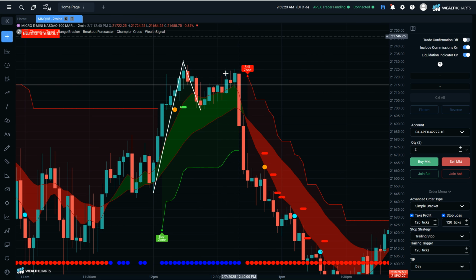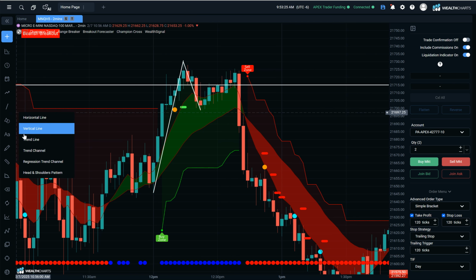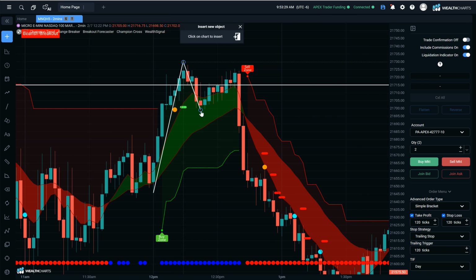Let's see if I can get rid of them. There we go. Let's try that again. Trend line. Hope this is the right one this time. To right there. Okay, and now see what's happening? We're starting that M pattern. We've got the first leg, second leg, and the third leg established.